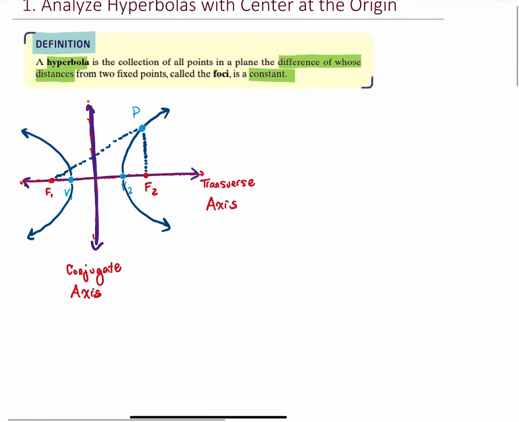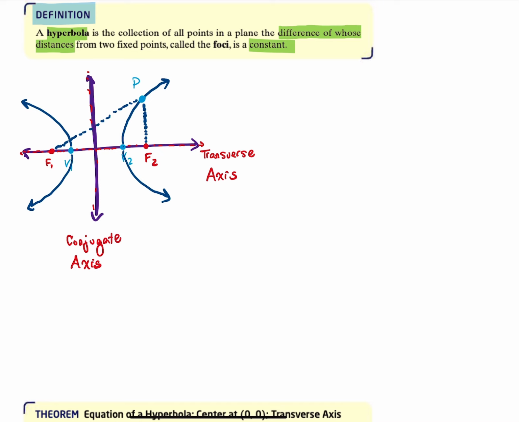So just to show the general equations before we see some examples, it looks very similar to the equation of an ellipse, except we have a subtraction in between terms instead of an addition. So we could have (x minus h) squared over a squared, and instead of plus, it has a minus: minus (y minus k) squared over b squared.